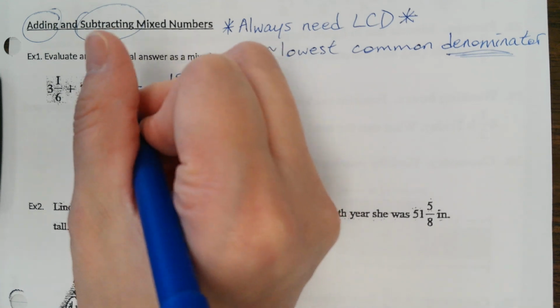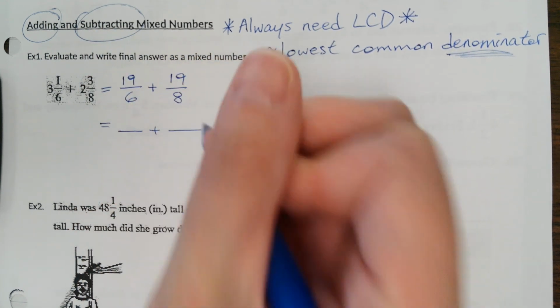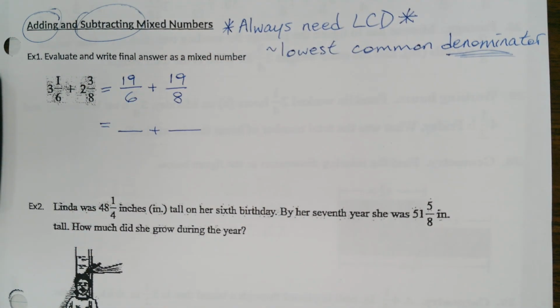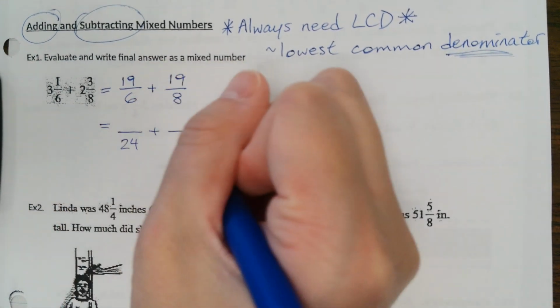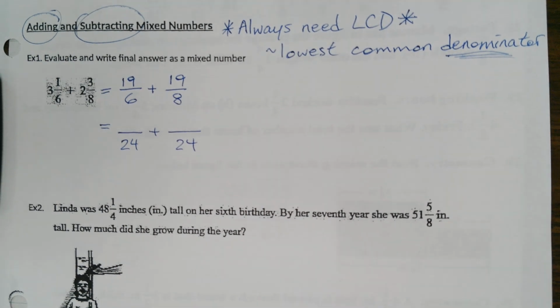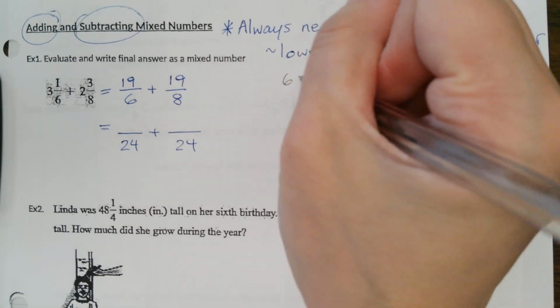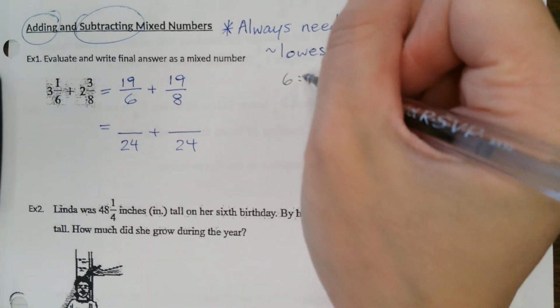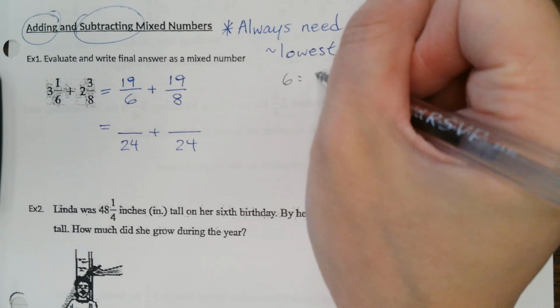So looking at the 6 and the 8, what's the lowest common number between them? Good job, 24. So if you don't believe Austin and you're thinking, why 24? You could list the multiples out.